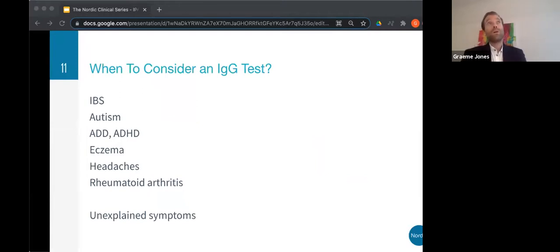So IgG testing has often been primarily used in irritable bowel syndrome. It begins with a test, usually to identify foods that cause a high IgG antibody response.